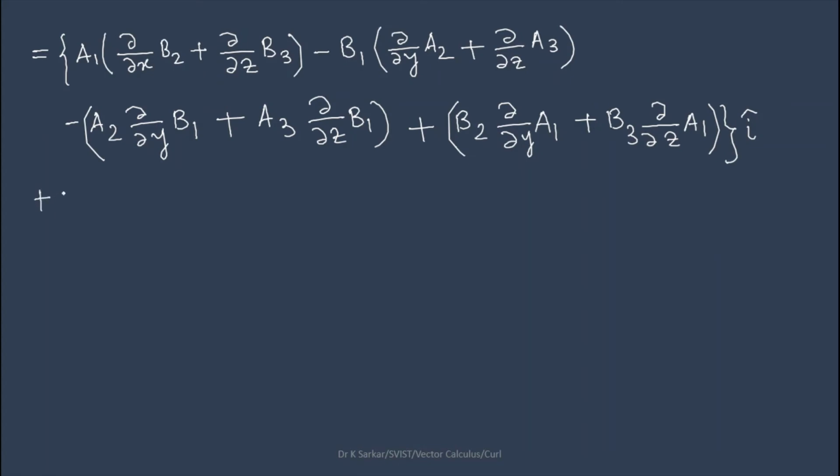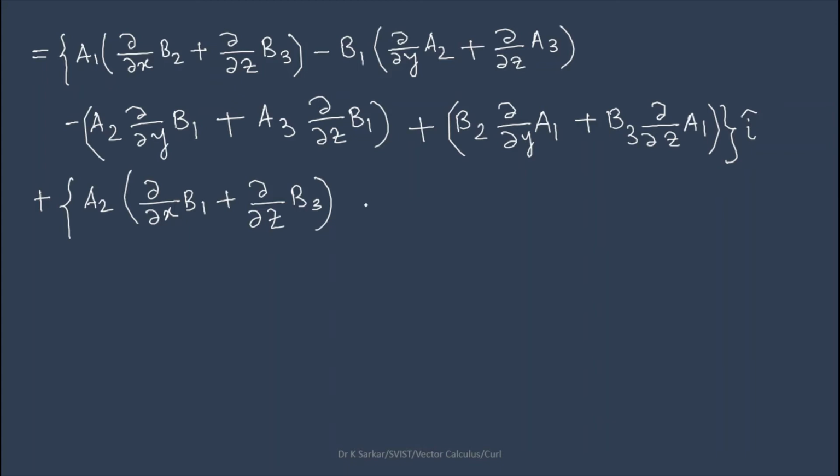So plus A2 is common: del/del x B1 plus del/del z B3. How did I understand that I have made a mistake? Because here we have got A1, so it should come A2, and then del/del x of B1, then del/del z of B3. If it is 1, then this is 2 and 3. If it is 2, then 1 and 3.